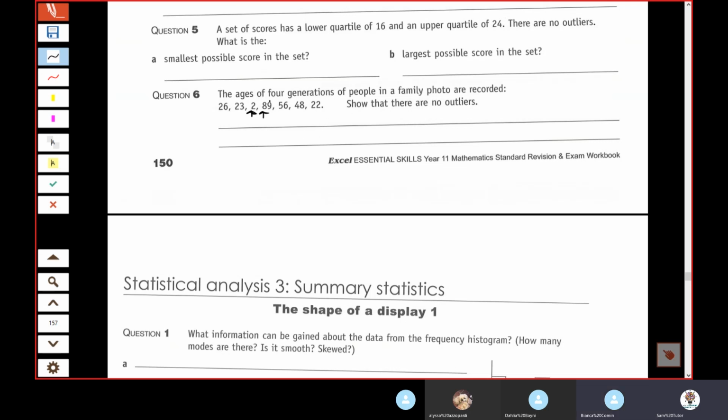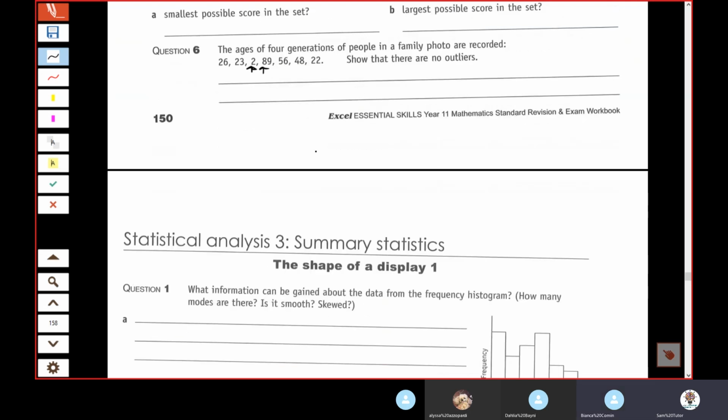Which is pretty interesting because it looks like the 2 would be an outlier. But I guess there are so many numbers that are lower, like 20, 20, and 20, and only 1 or 2 high ones, that it almost offsets each other. That's pretty interesting to look into. But it looks like there are no outliers.